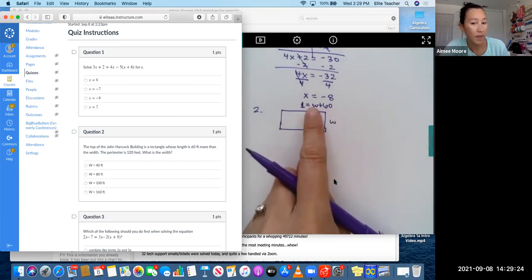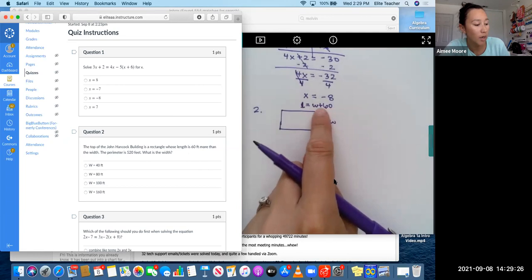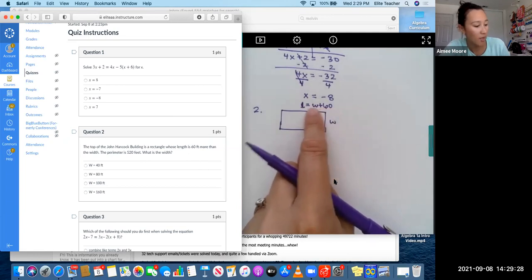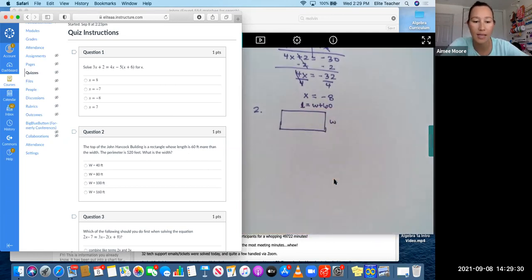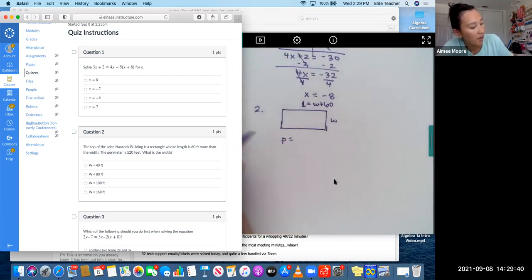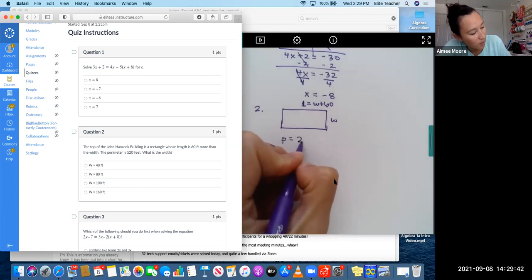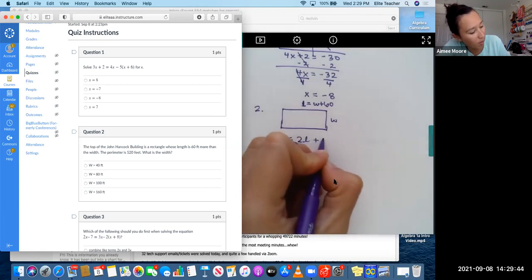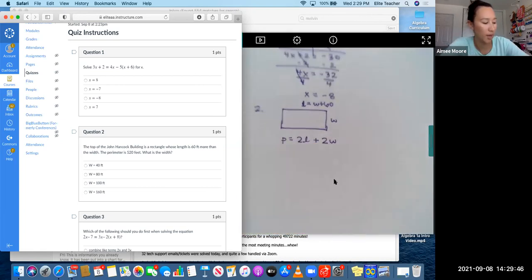Just because it says the length is 60 more than the width. So we write that as W plus 60. Okay, so then we know perimeter equals 2 times the length plus 2 times the width.